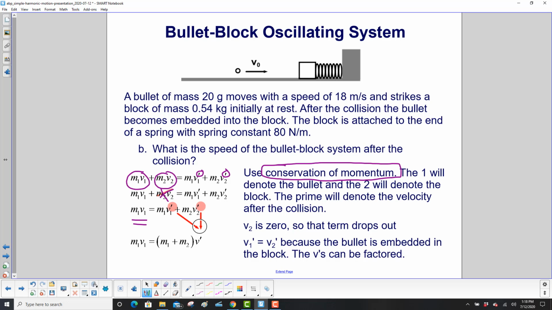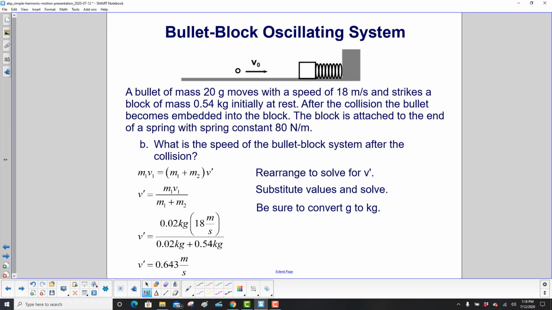But what do we know about v1 prime and v2 prime? The bullet is embedded in the block, so they're the same. So we can get rid of the subscript and just call it v prime. So we now have m1 times v prime plus m2 times v prime. Factor out the v prime, and we have m1v1 is (m1 plus m2) times v prime.